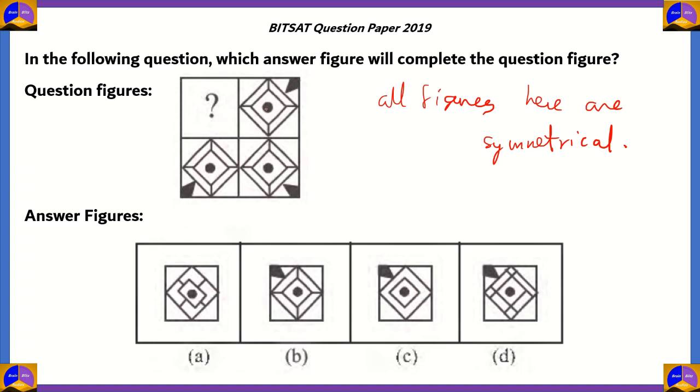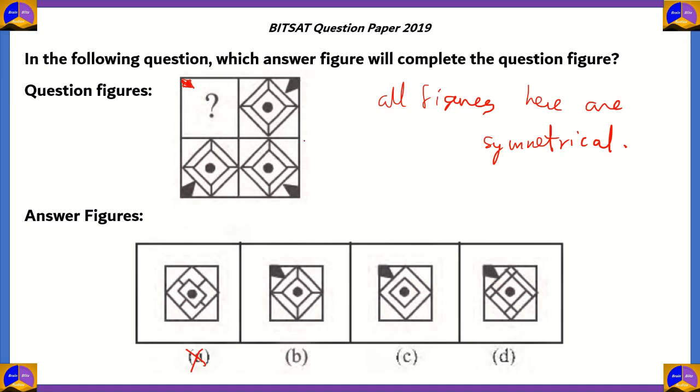So the top right tile has a black diamond at the top right corner. Similarly, the bottom left tile has a black diamond in the bottom left corner. So that means in order to get the correct answer for the top left corner, the particular piece has to have a black diamond in the top left corner. So that means we can eliminate option A, because option A does not have a black diamond. Now we have options B, C, and D. All of these have a black dot as well.